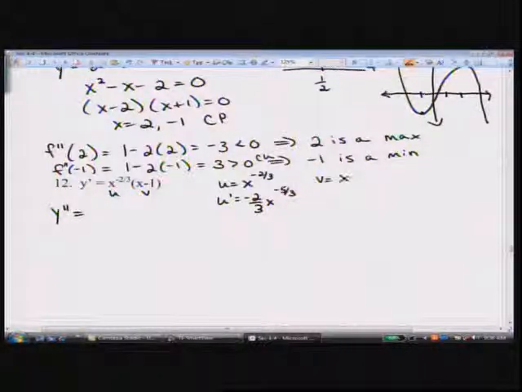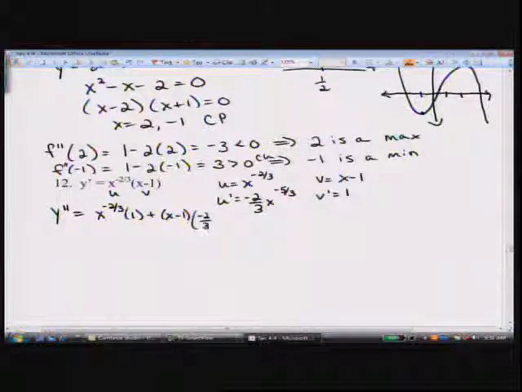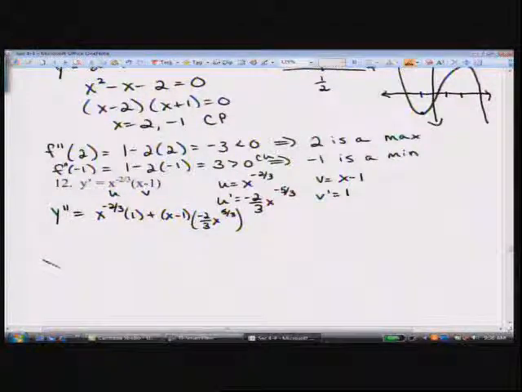V is equal to x minus 1, so v prime is equal to 1. So it's u times v prime, so that's going to be x to the -2/3 times 1, plus v times u prime, which is x minus 1 times -2/3 x to the -5/3. All right, this is going to be interesting.